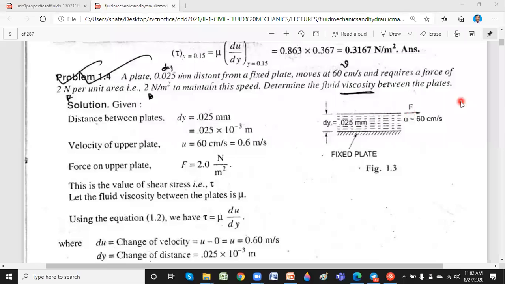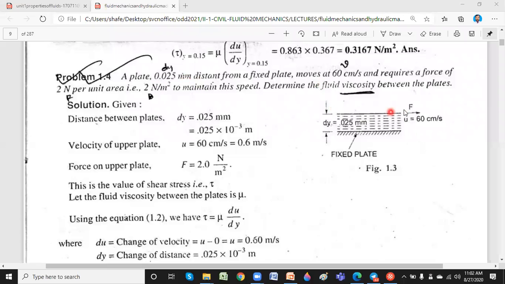You are pulling that plate, and the gap is filled with oil. The problem says a plate is 0.025 mm distance from the fixed plate. So this is the moving plate on top, and this is the fixed plate, separated by a distance of 0.025 mm.